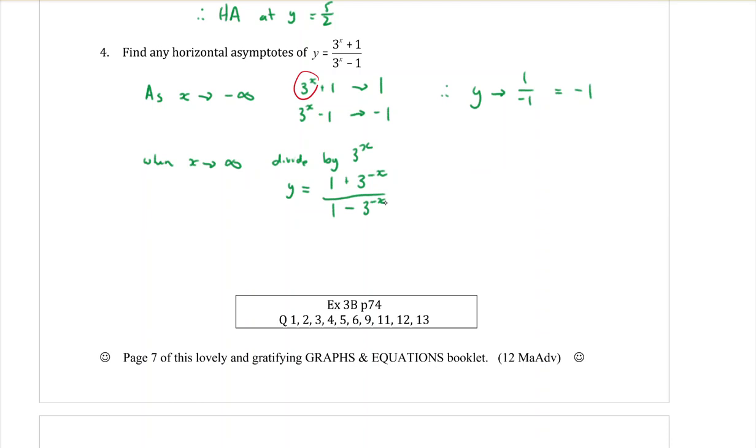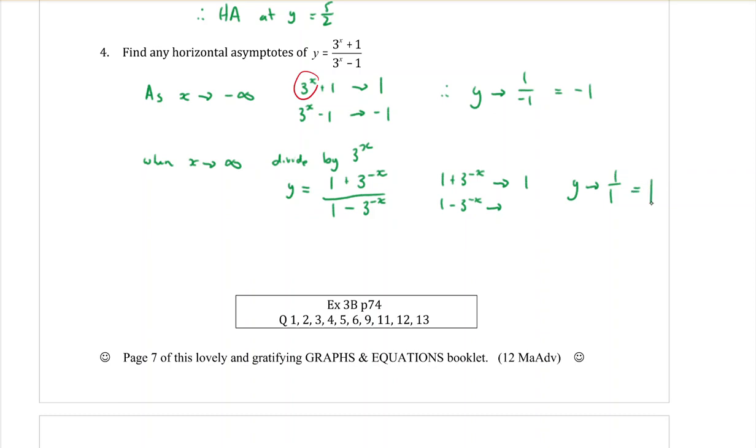My numerator will be 1 plus 3 to the negative x. That's going to be approaching 1, because the 3 to the negative infinity is going to be 0 again. And the 1 minus 3 to the power of negative x is also going to be approaching 1, because I'm minusing off nothing. So this time y is approaching 1 over 1, which is approaching a positive 1.